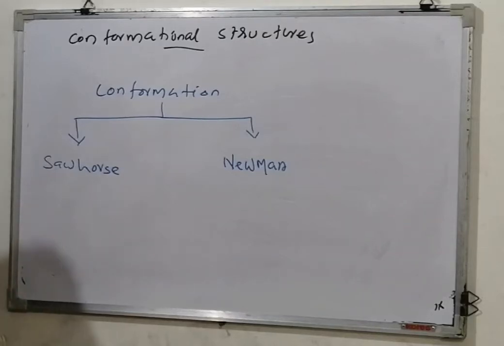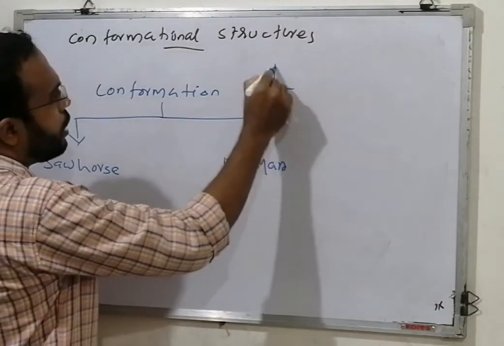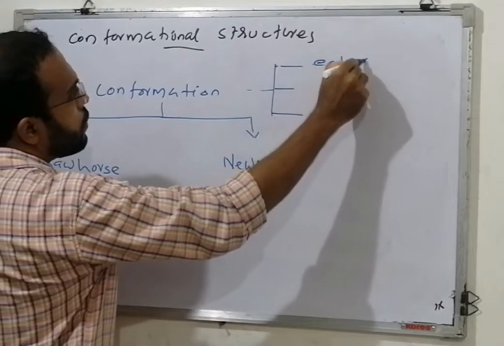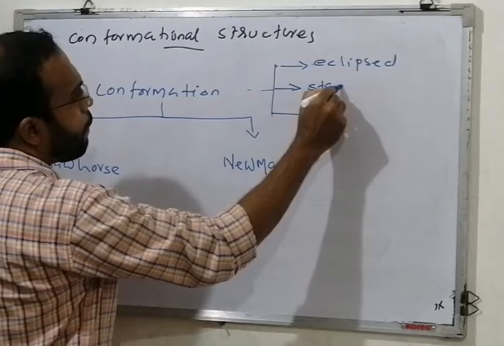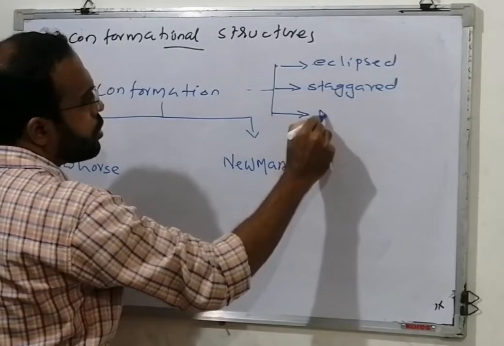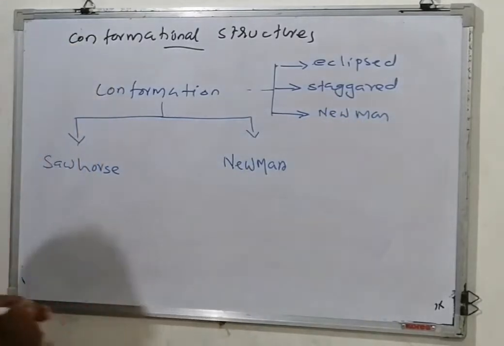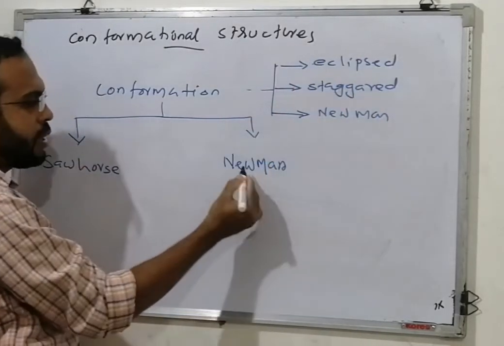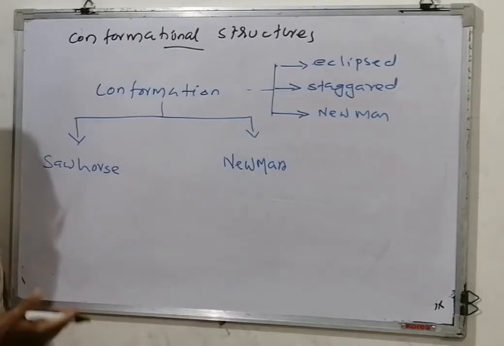Basically, all conformations have three types of isomers, that is eclipsed, staggered, and gauche. These three isomers could be represented by Newman or Sawhorse.